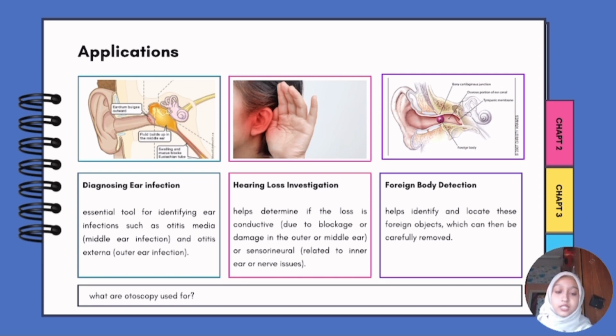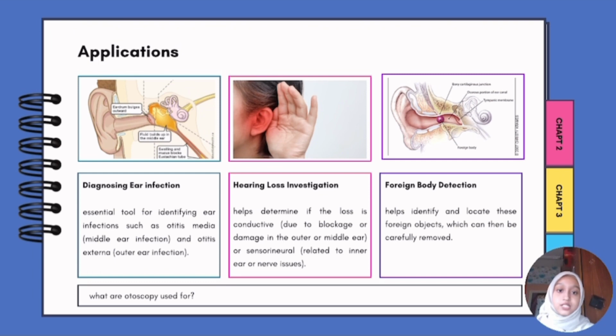In otitis media, they may see fluid buildup behind the eardrums, while in otitis externa, the ear canal itself may appear inflamed and swollen. Early and accurate diagnosis through otoscopy allows for timely treatment, often with antibiotics or ear drops, to prevent complications.